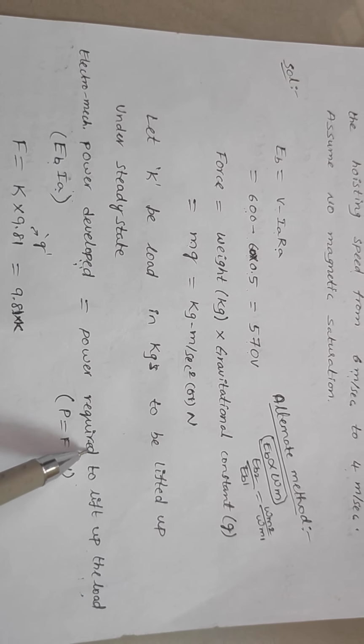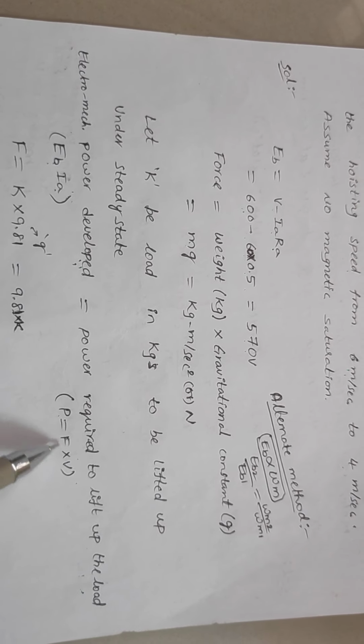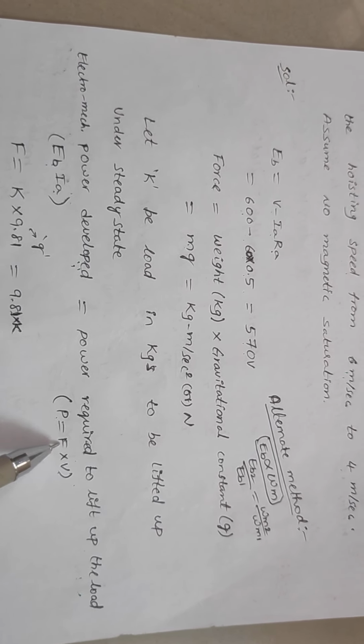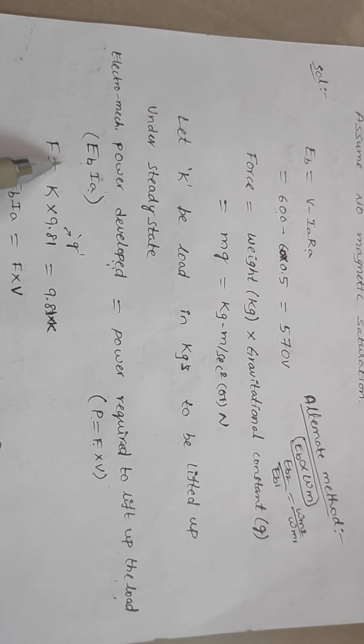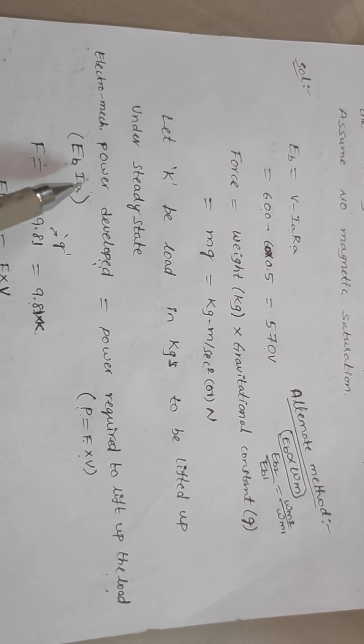Power P is equal to F into V, where F is equal to mg. Here m I have considered k, so F is equal to k into 9.81. That force into velocity gives the power, which is equal to EB into IA.